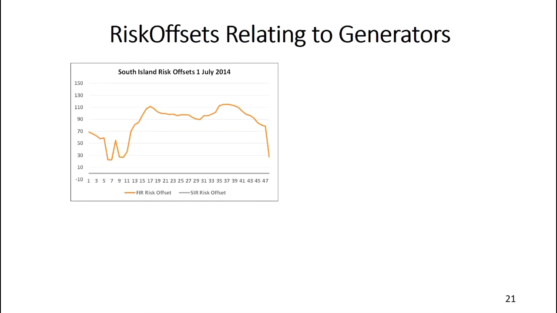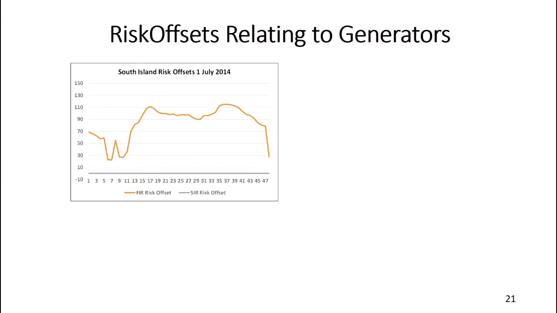Now, just taking a relatively random winter week, this one's first week in July 2014, we're looking at the South Island risk offsets. FIR in the orange and in the grey are the SIR risk offsets. Now, the SIR risk offsets on this particular day were zero across the day, but the FIR risk offsets exceeded 110 megawatts.